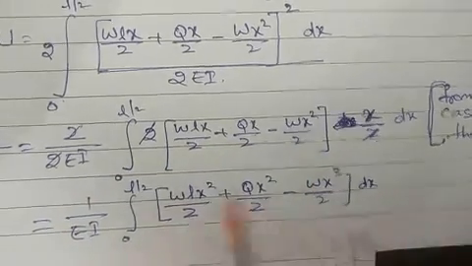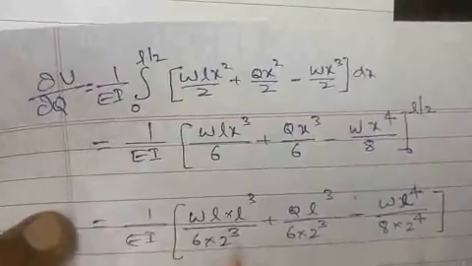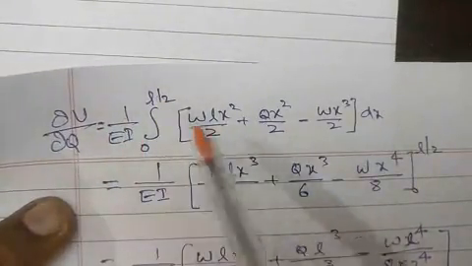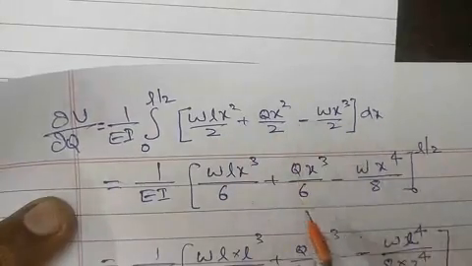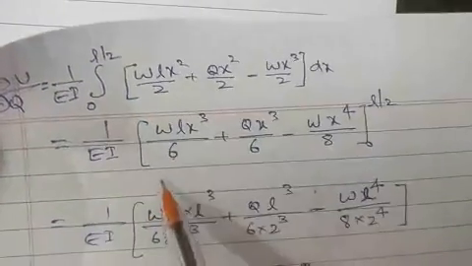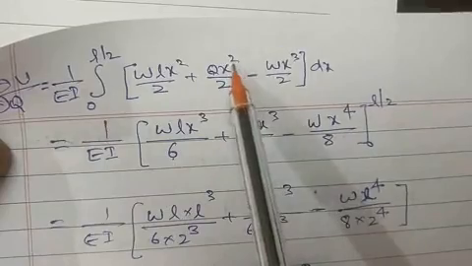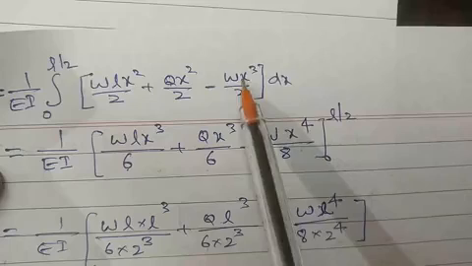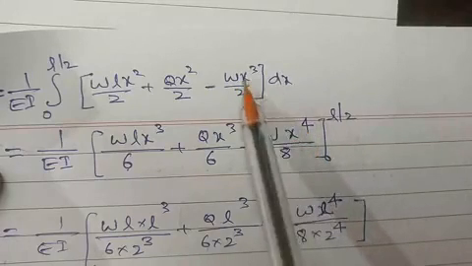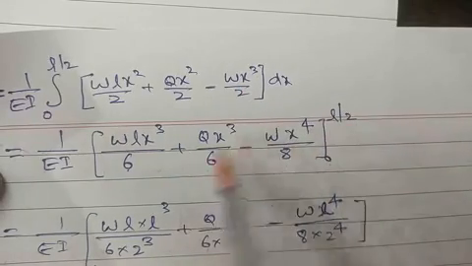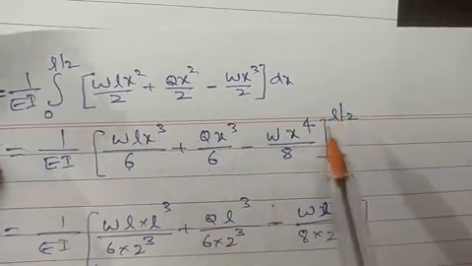Now we have to do integration for this. So dou U by dou Q, this is the displacement, 1 by EI, 0 to L by 2. For this expression we do integration. So x square will become x cube by 3, 3 into 2 is 6, and x square will again become x cube by 3, 3 into 2 will become 6, and x cube will become x to the power of 4 by 4, 4 into 2 will become 8, from 0 to L by 2. Now in place of x we put the limit L by 2.